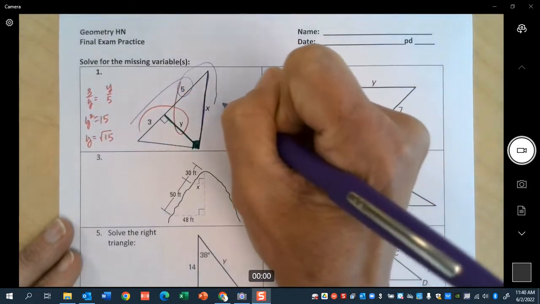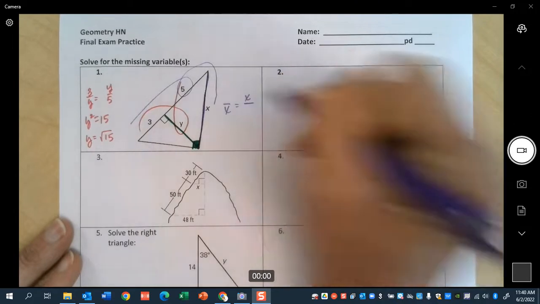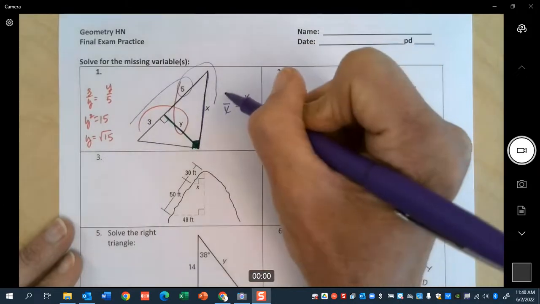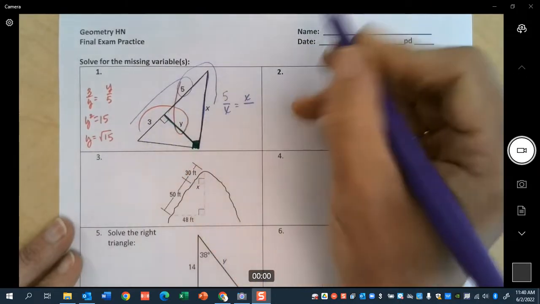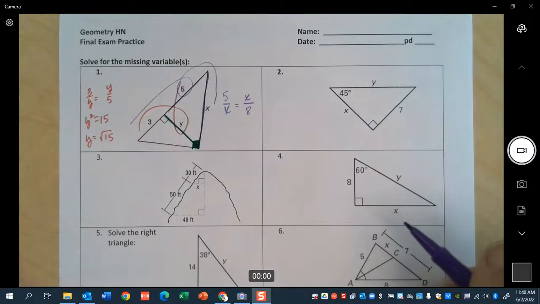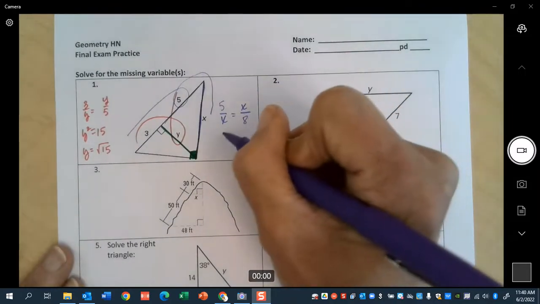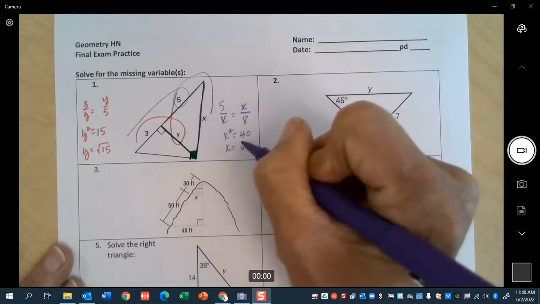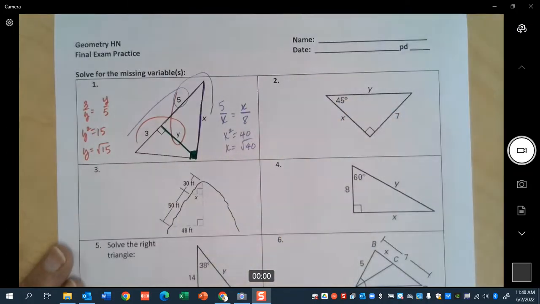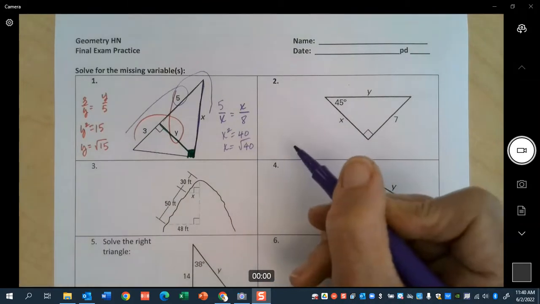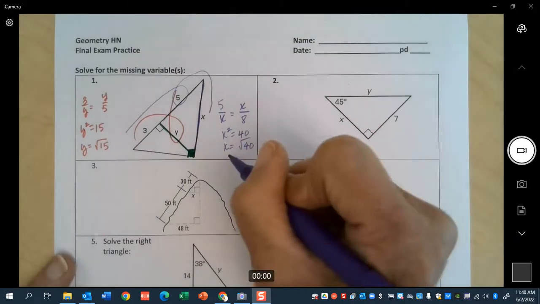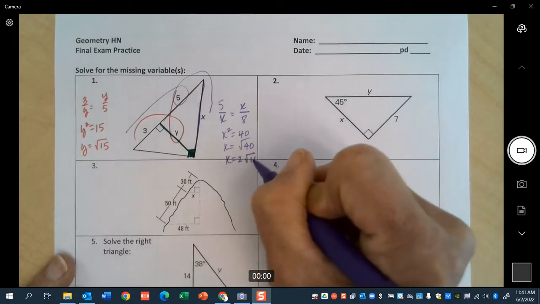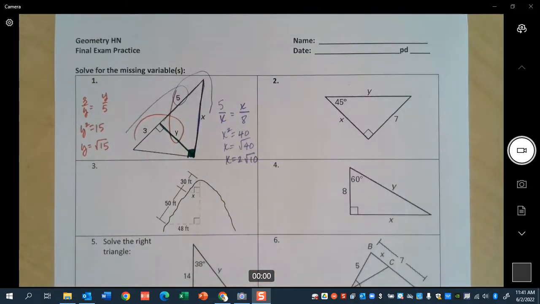So I know that x is the geometric mean between this piece that it's touching and this whole length, which is 8. So I know that x squared is equal to 40, x is equal to the square root of 40. Now 40 has 4 as a factor, so I know that's going to come out. The square root of 4 is 2, and that's leaving us with 10 left behind.